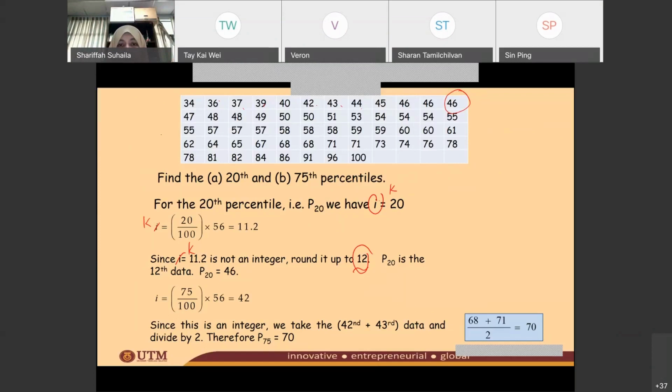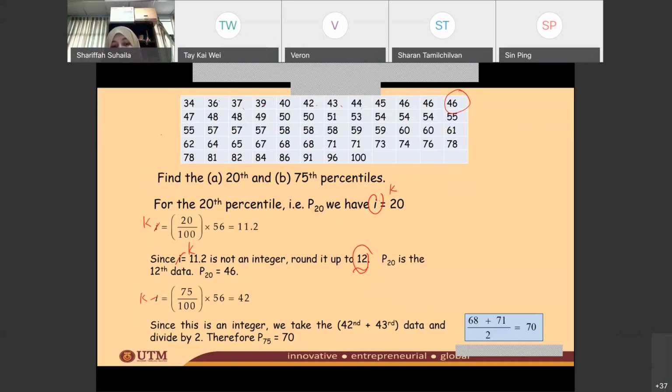So the same thing. You want to find the 75th percentile. So k is equal to 75 over 100 times your total number of observations, you get 42. Okay, 42 is an integer. So take the average value. So that means the 42nd and also the 43rd data.